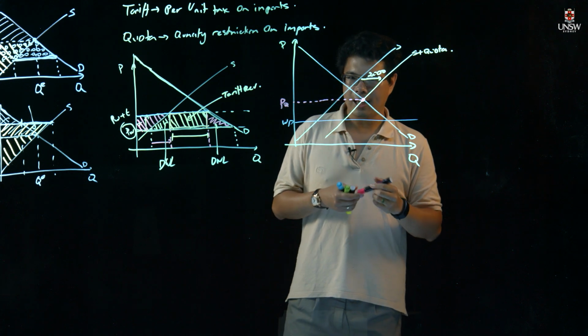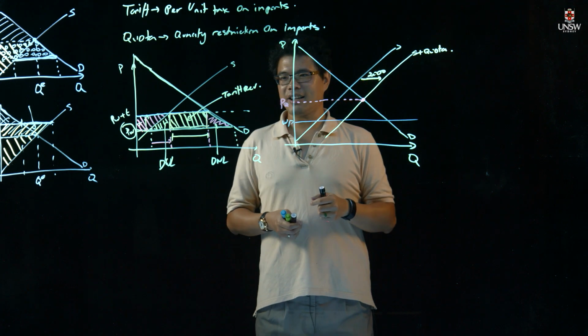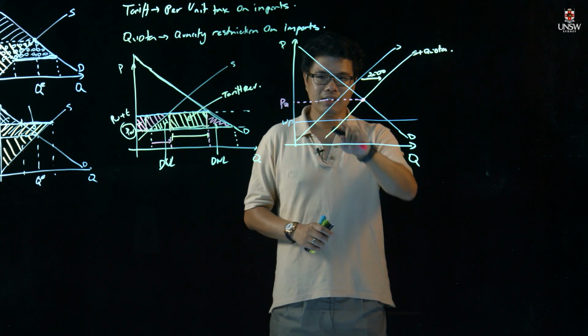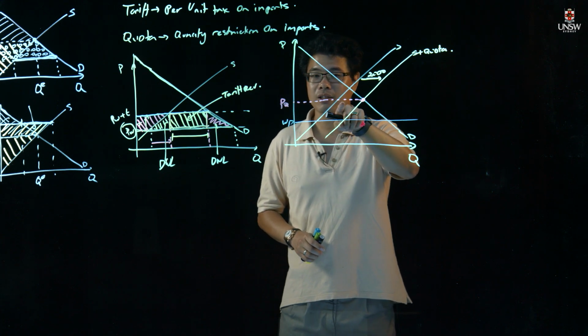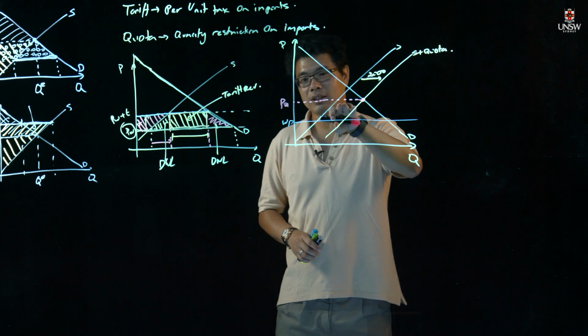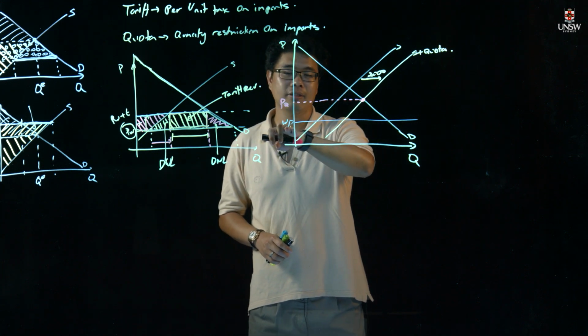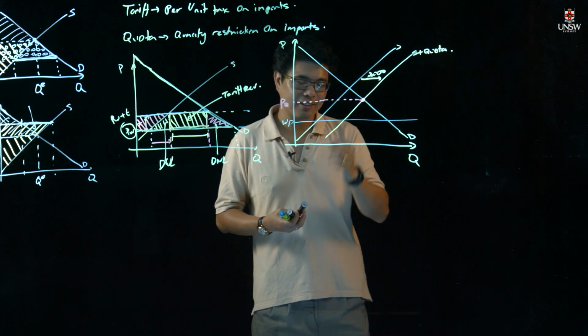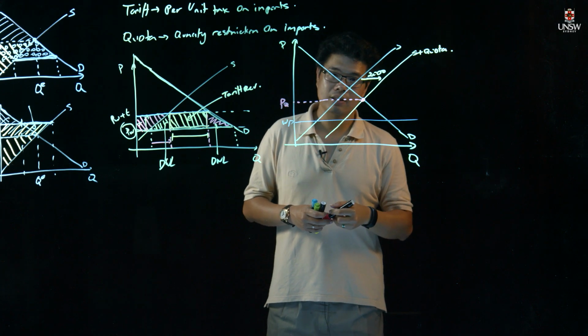And hopefully you can immediately see where the similarities are. This is now going to be the price faced by the domestic consumers when they could have faced this particular price, isn't it? So from that, you can do a very similar analysis, right?